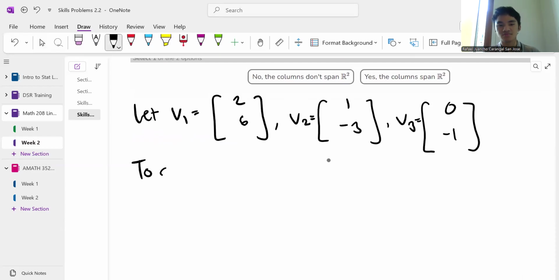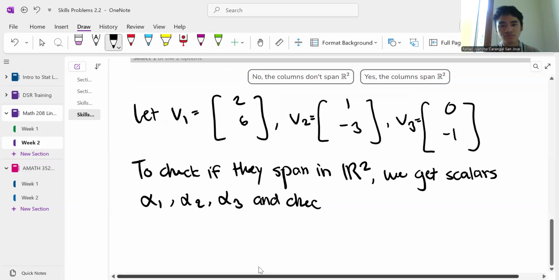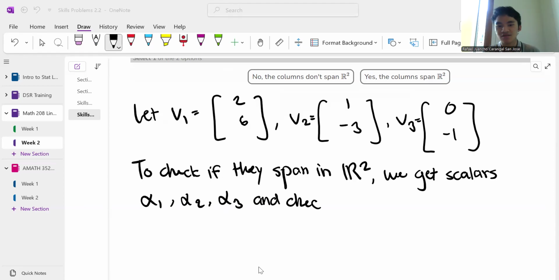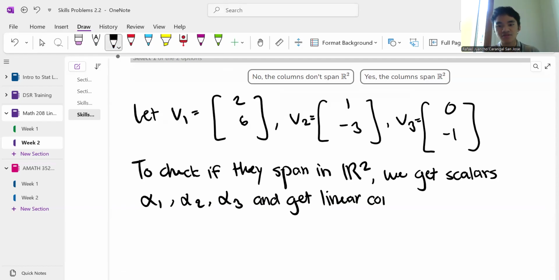So to check if they span R2, we get scalars alpha 1, 2, and 3, and we basically solve this thing. So we get their linear combination.